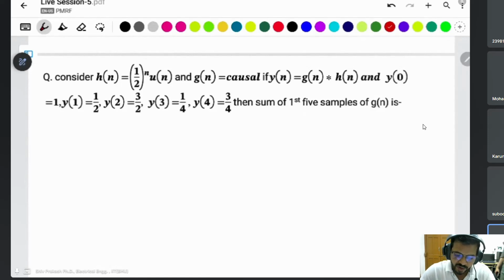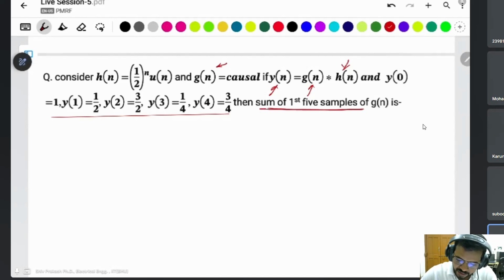First of all, you have to find g[n]. y[n] is already given, h[n] is given, so you can find g[n]. After that, you can add the first 5 samples of g[n] and find the answer.